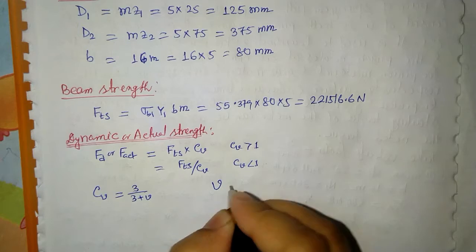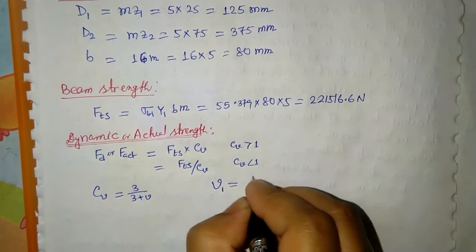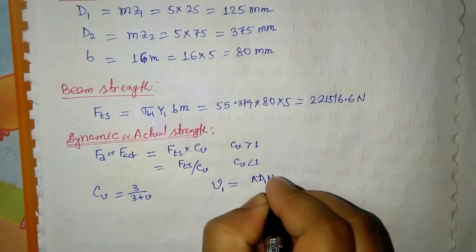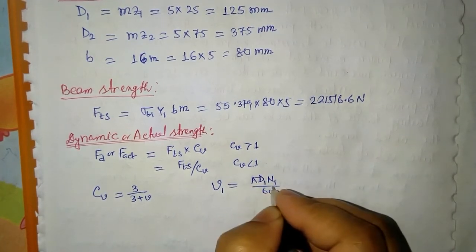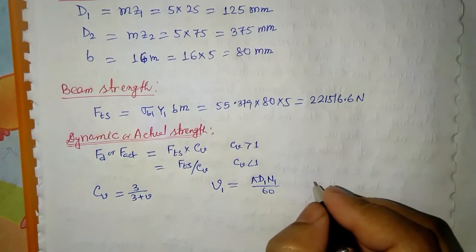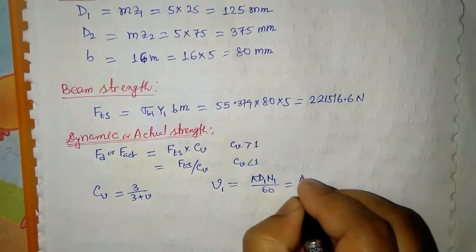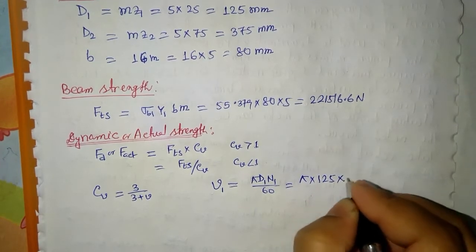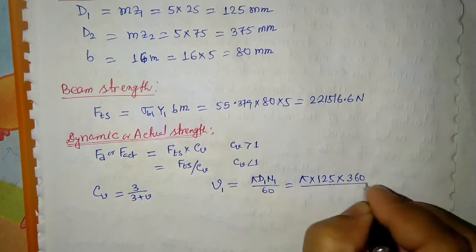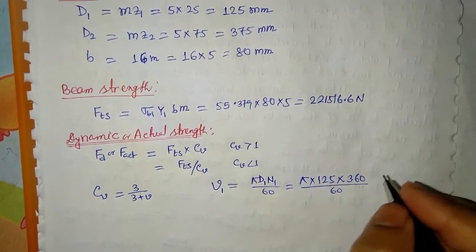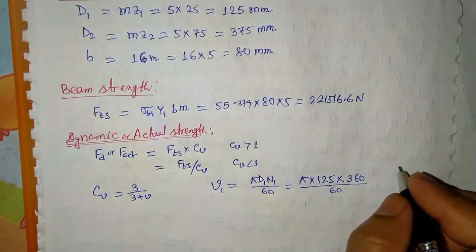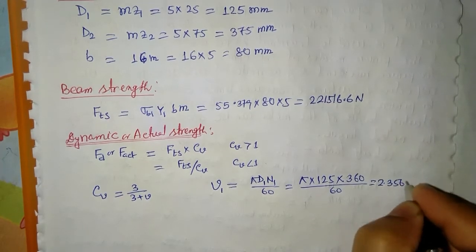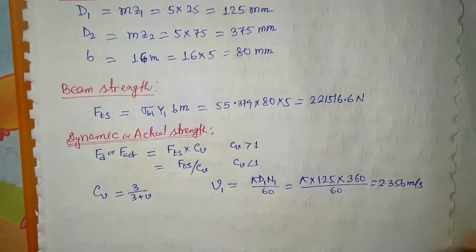So that is our v1 is equal to pi d1 n1 by 60, and this value will be pi into d1 is 125 into n1 is 360 by 60, and if we make the calculation we get 2.356 meter per second.